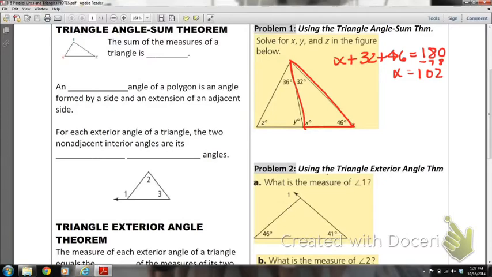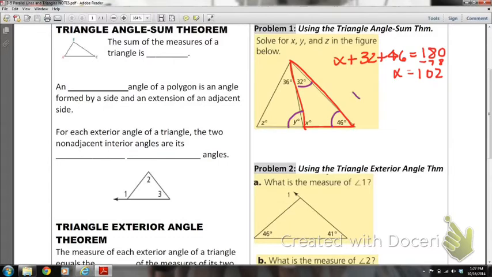So now let's look at finding y. There's a couple of different ways that you can find y. Y is an exterior angle to that triangle that I've drawn in red. So since it is an exterior angle, that means that it's equal to the sum of its two remote interior angles.